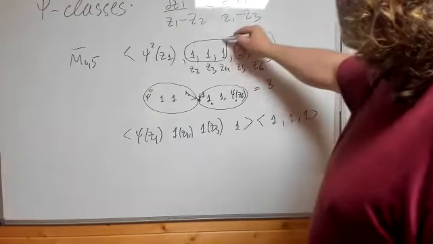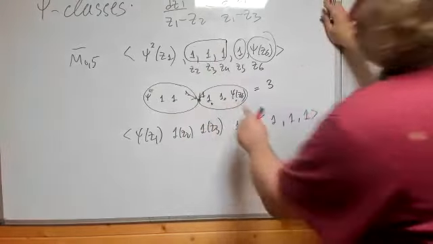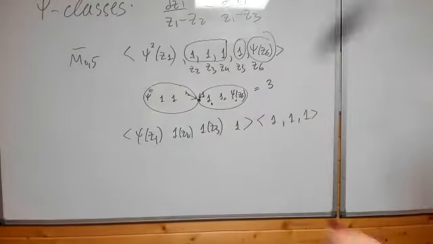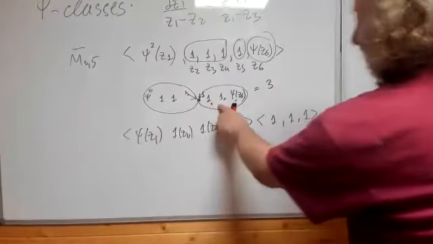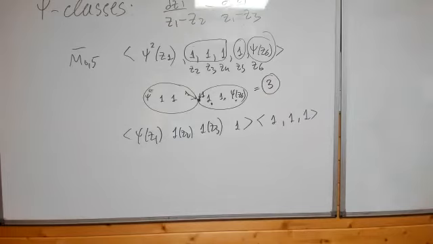Because these 3 points should be distributed between these two components, such that 2 points come here and 1 point comes here. So here the answer is 3. So maybe I computed psi square. No. Okay. And you can play on and on.